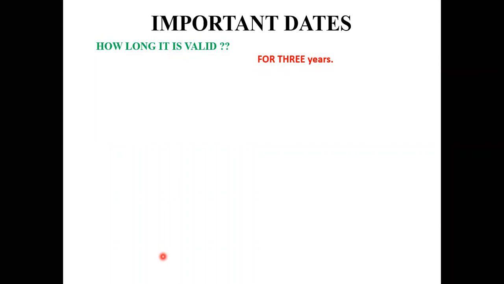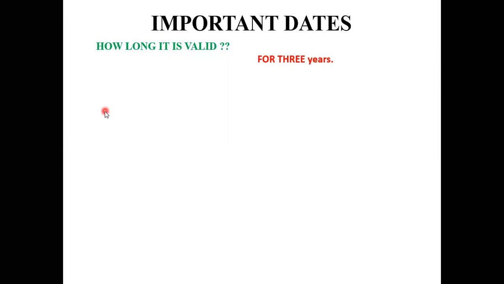But for PSUs, government jobs, it is valid only for 1 year. Try to understand the difference. If you want to go for admissions for higher education like MTech and PhD, this GATE score is valid for 3 years. But for PSUs, this score is valid for only 1 year.